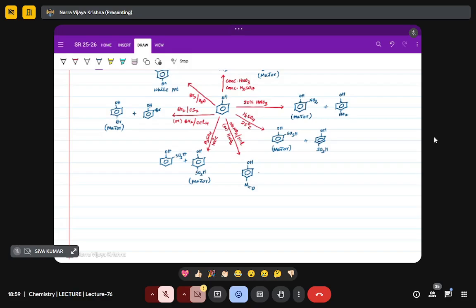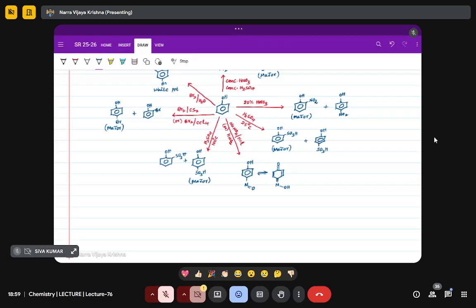Now it can show tautomerism. This bond will shift, this bond will shift, and the H will come here. It tautomerizes to O double bond, N, OH: nitrosophenol, or it will convert into the oxime form.